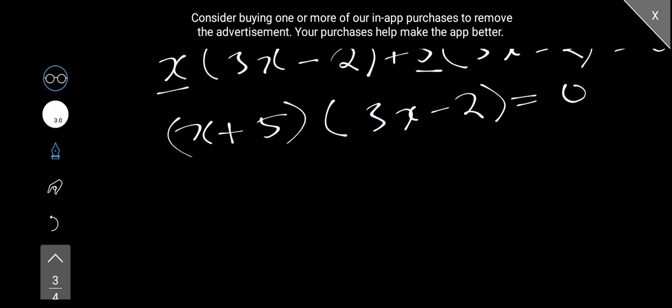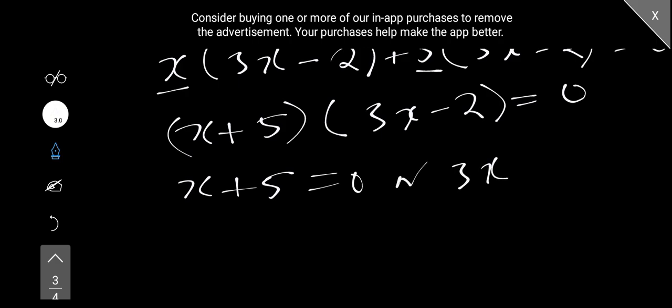Okay, so what will be the value of x? We equate each term, or may I say each function, we equate it to 0. X plus 5 is equal to 0, or 3x minus 2 is equal to 0.